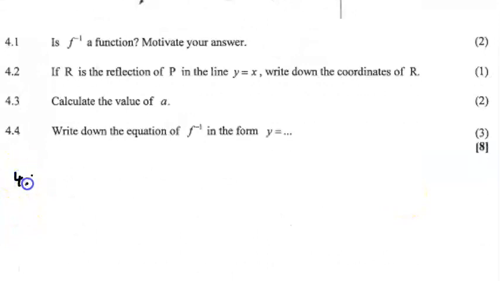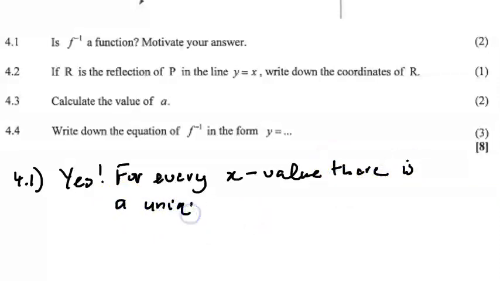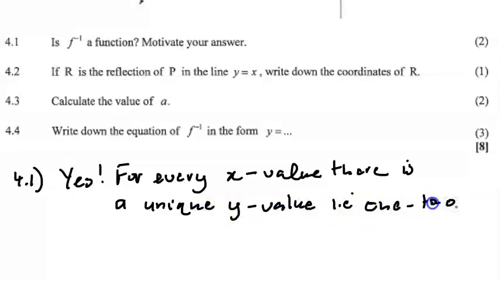The solution to the first question in 4.1 will be yes, and we can tell them for every x value there is a unique y value, that is a 1-to-1 mapping.